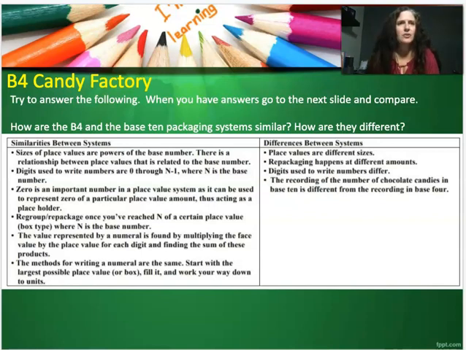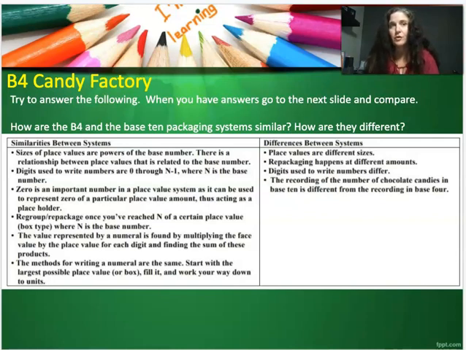0 is also a really important number in the place value system because it can represent that it's 0 of those and it's a placeholder. Remember when you were studying those other number systems, not all of them had 0 as a symbol. So then it was hard to tell which place value you were in. That's a really important thing. You also regroup and repackage when you've reached n of a certain place value. So when you get to 10, you repackage and move to the next one.